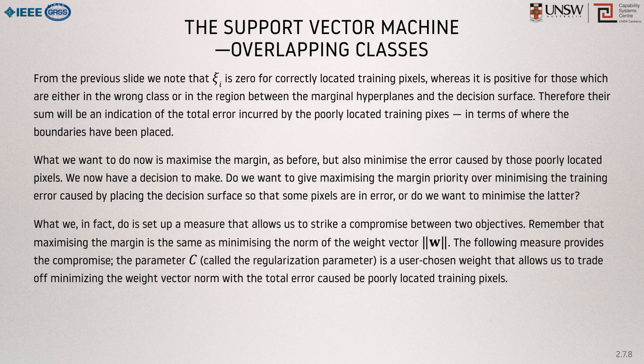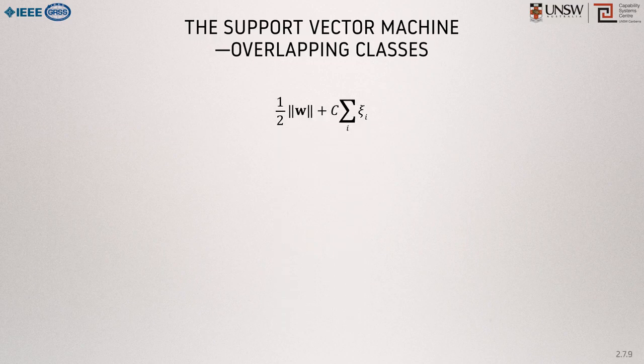We can find a compromise by adding a proportion of the sum of the xi to the norm of the weight vector as a new measure to be minimized, as seen in the equation at the bottom of this slide. However, that minimization has constraints on it. There are two constraints.